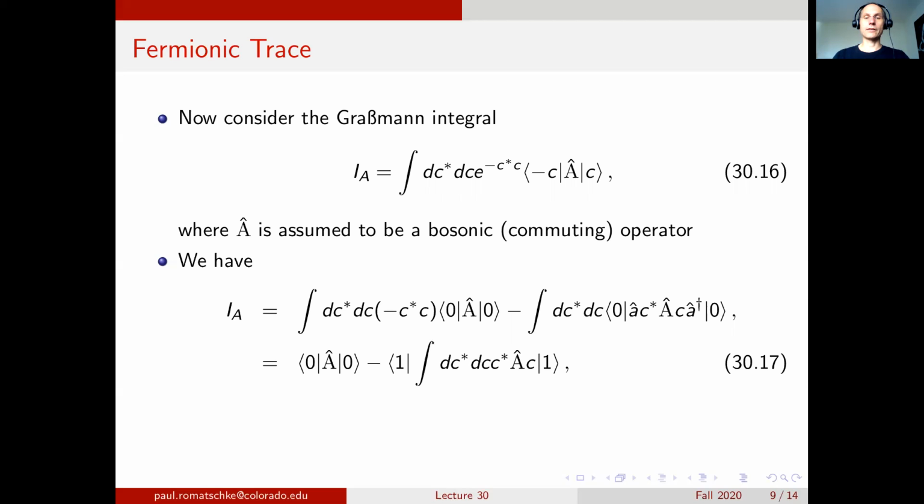And we find that this is giving us something that is just the expectation value with respect to state 0 and the expectation value of state 1, which is nothing else but the trace of the operator A hat in a Hilbert space that only consists of two states. So this integral I_A basically defines the trace of a bosonic operator in a fermionic system.